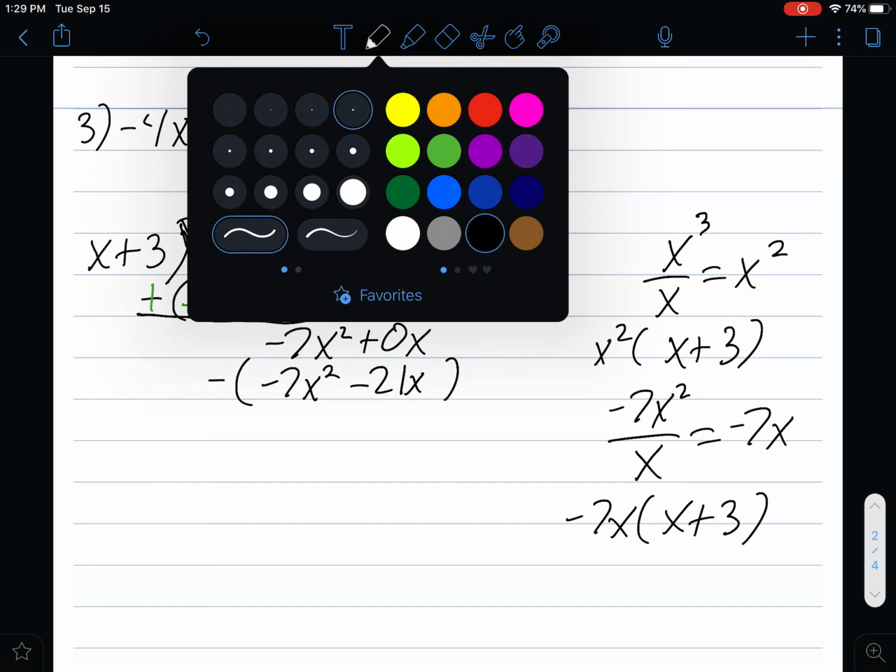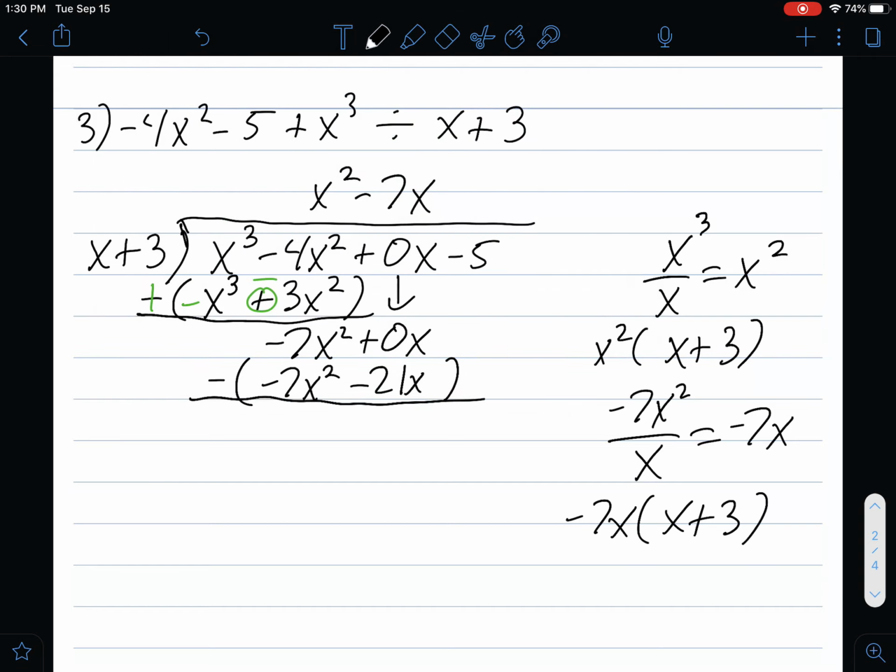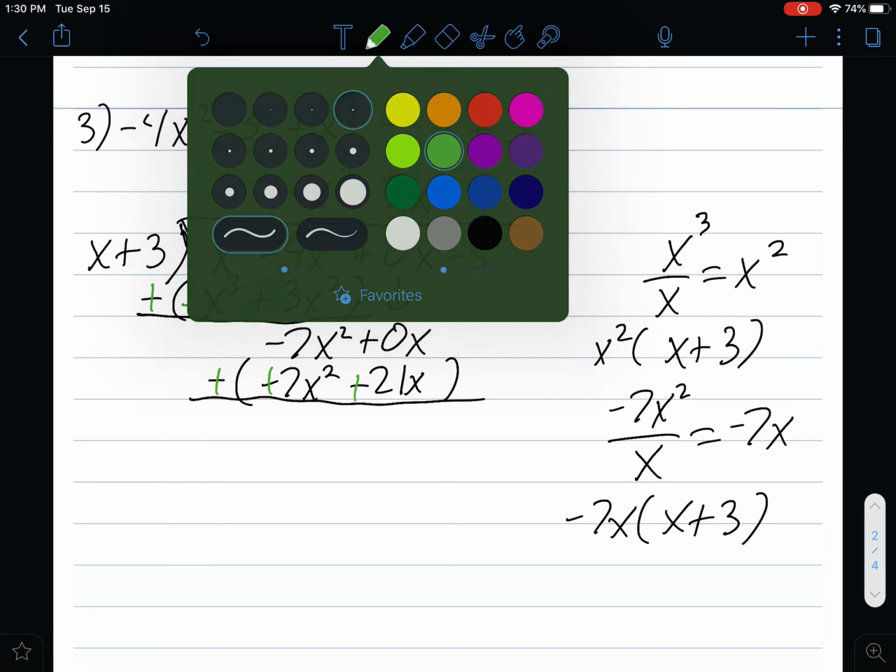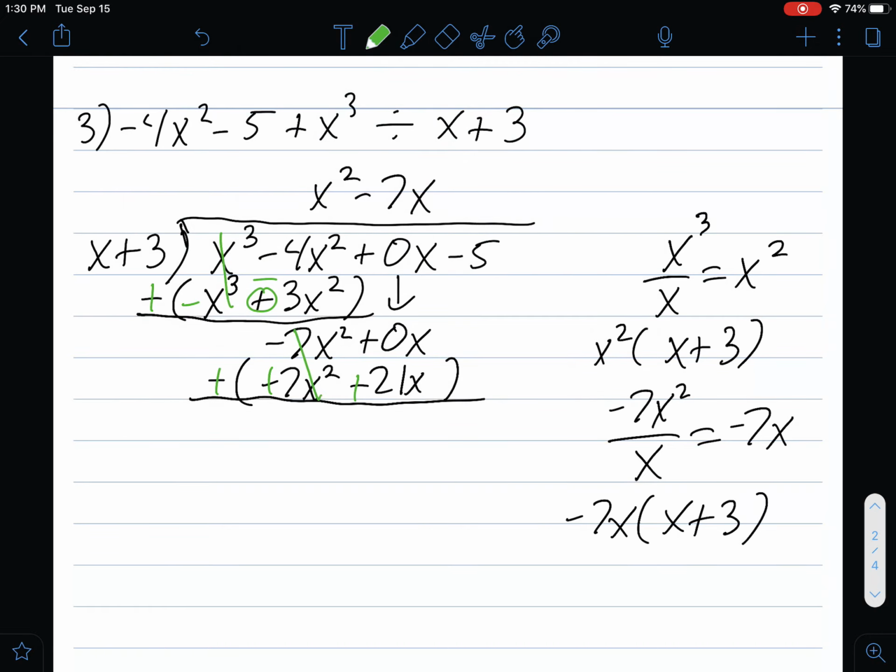Thinking ahead a little bit here. Let's do that subtraction. By doing this subtraction, we're going to flip the sign of everything. All those minuses now turn into pluses, and now we are adding. These cancel, this cancels. 0 plus 21x is equal to 21x.